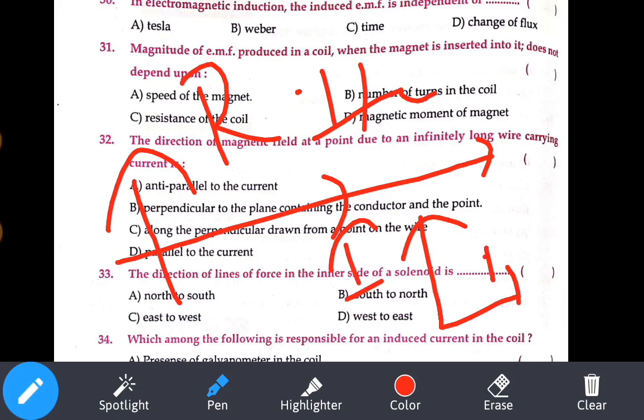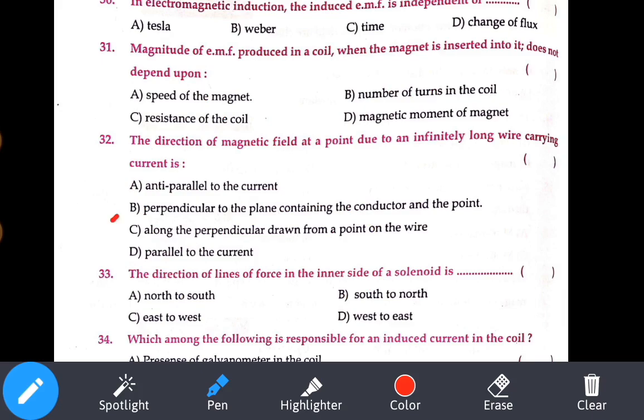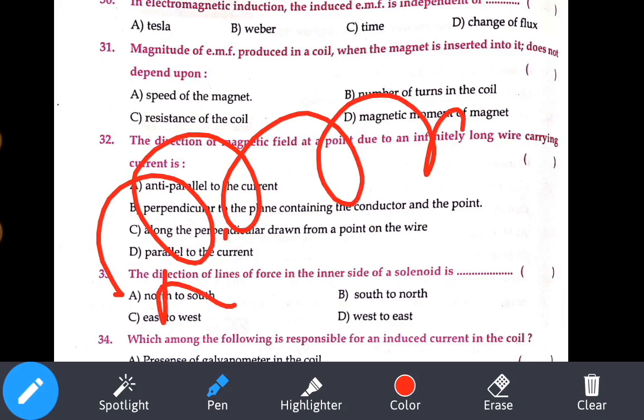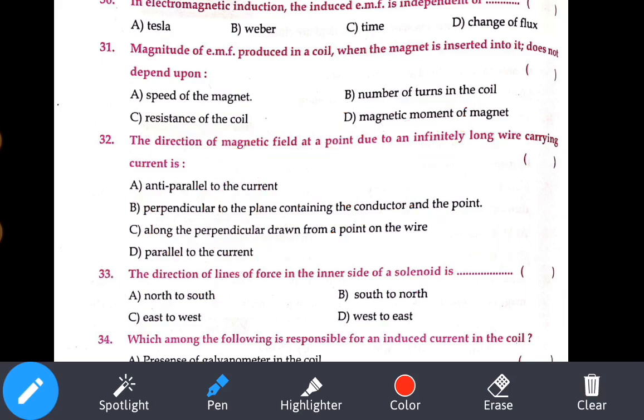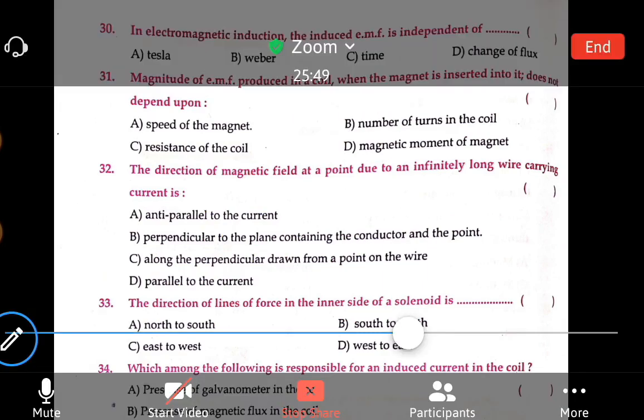These two will be perpendicular to each other, so perpendicular to the plane containing the conductor and the point. Option number B. The direction of lines of force inside the solenoid. Okay, so one end acts as north and the other as south. Inside the magnet it is what? South to north. Option number B is our answer.